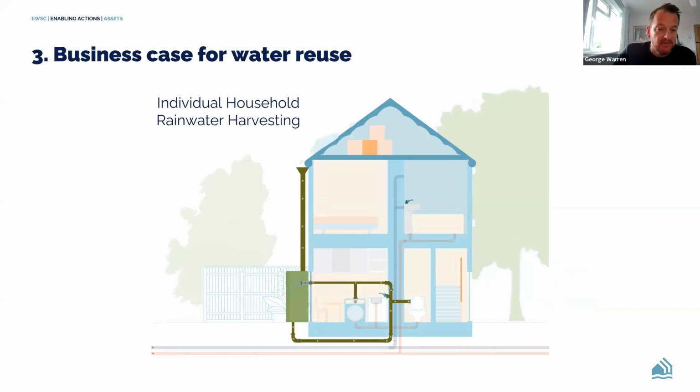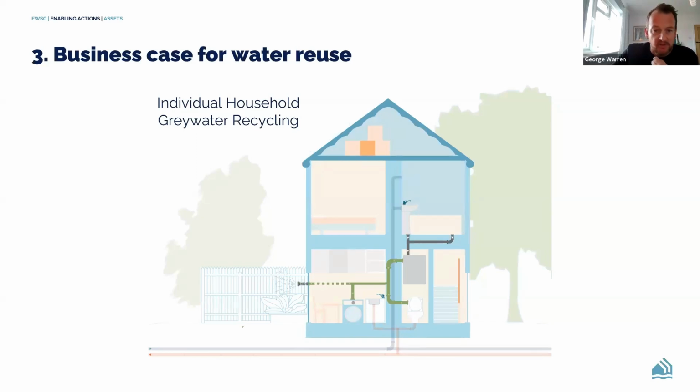An alternative would be an individual household rainwater harvesting device, noting that we may need to edit this image to show a slightly bigger tank, possibly buried or up in the roof void, to supply the WC, washing machine and potentially an external tap. And if you were to do grey water recycling, again, taking it from those specific measures and recycling that within the home.